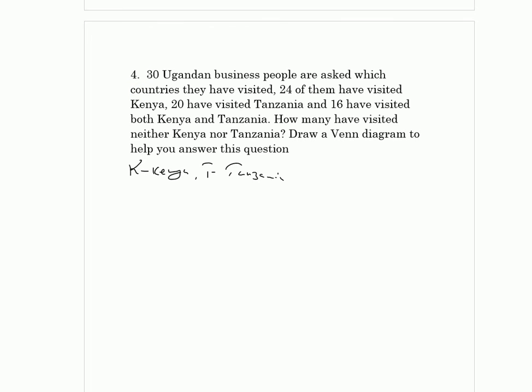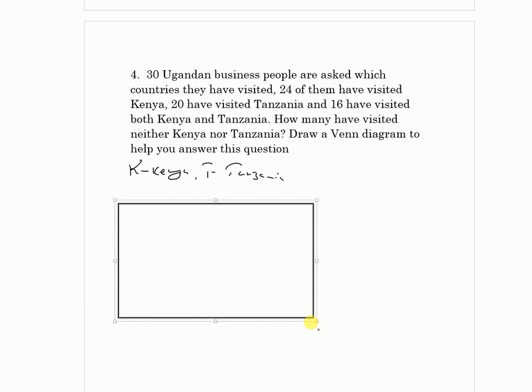So if I make our Venn diagram here, this one signifies the 30 people, that is the universal set. And I can even write here that the number of elements in the universal set is 30. The universal set is represented by that quadrilateral. Now let us put the sets inside here.